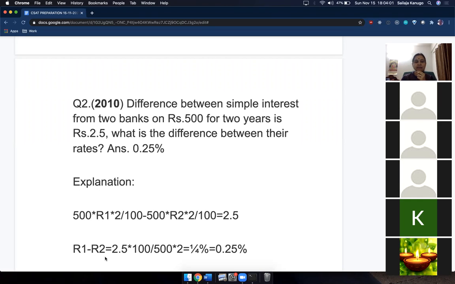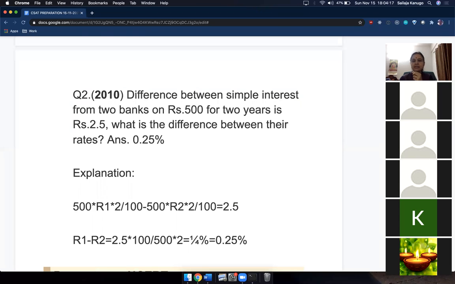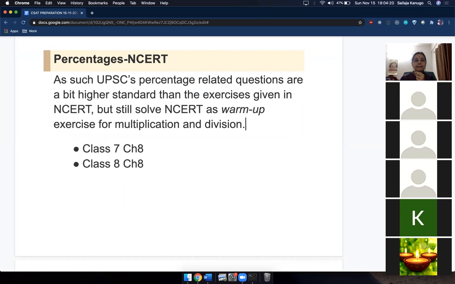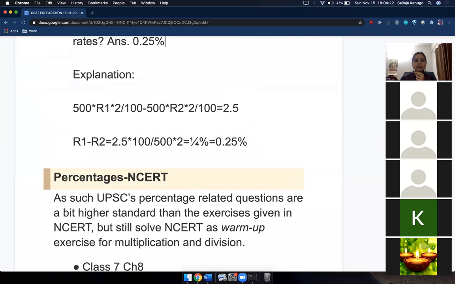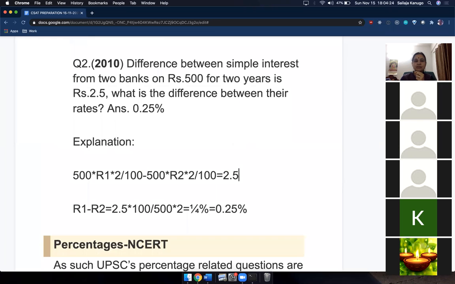You get R1 minus R2 equals 1 by 4, which in decimals is 0.25. So the difference between the rates of the two banks is 0.25%. Is it clear, children? This appeared in 2010.